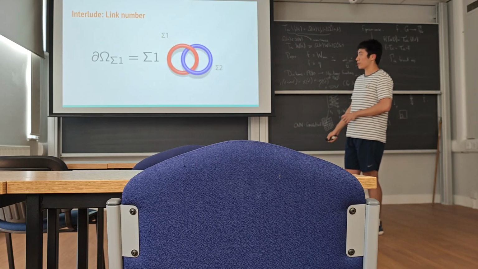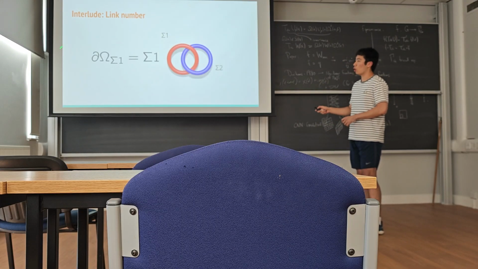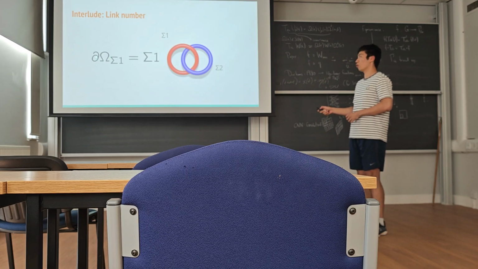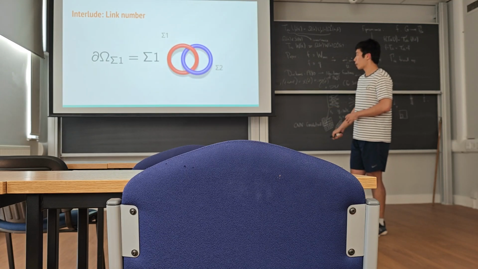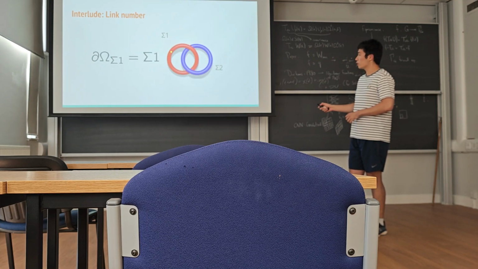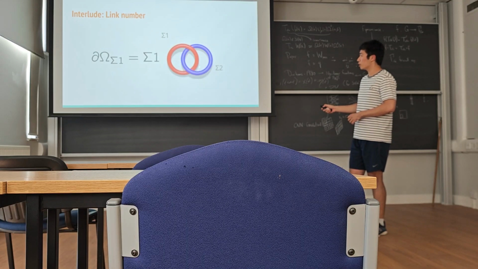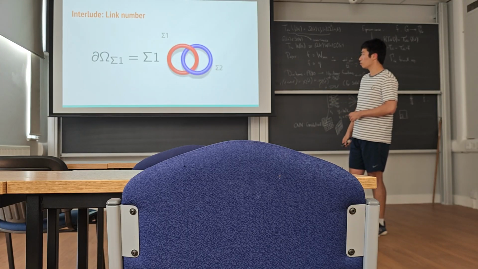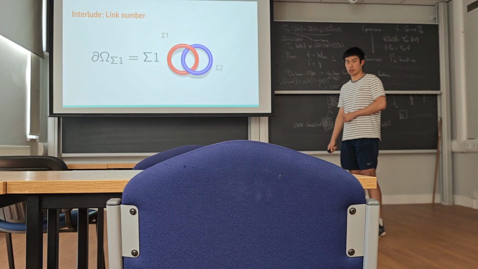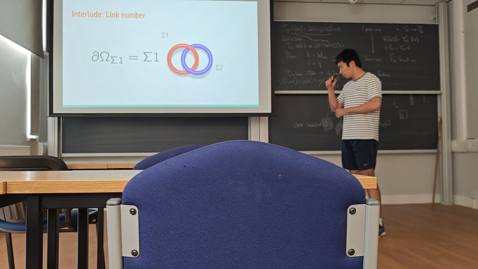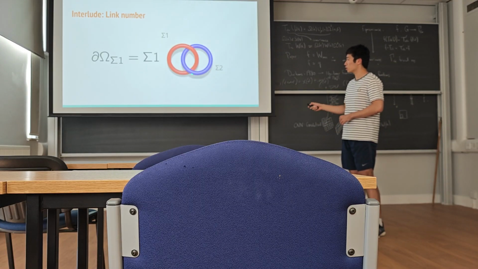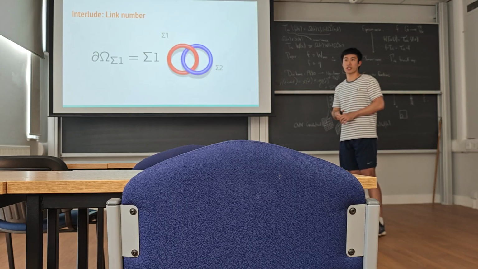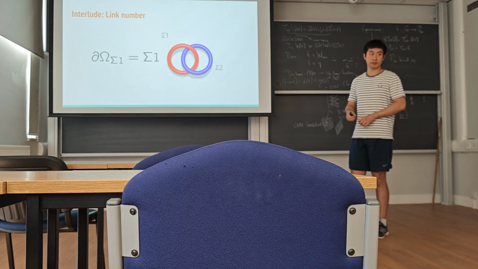Now, we have another perspective, which is what we mentioned just now, involving the omega. First, we imagine this red circle as the boundary of a red disk. Then we can see how this blue circle punctures that red disk, right?